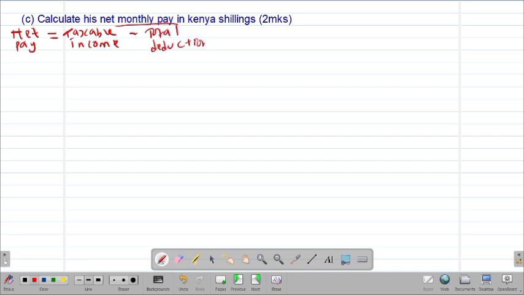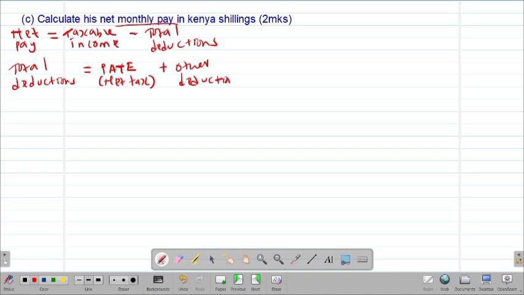So let's start by getting the total deductions. Now, total deductions will be given by the payee. We usually take the payee, or what you are calling the net tax. Then, of course, we add any other deductions if they are provided in the question.